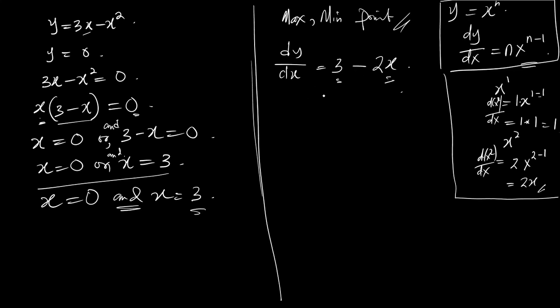Now we have gotten this. dy over dx is what we call the slope, or the gradient.